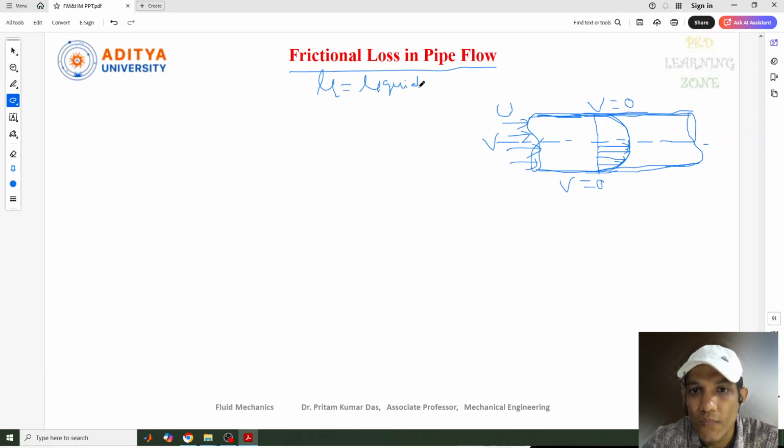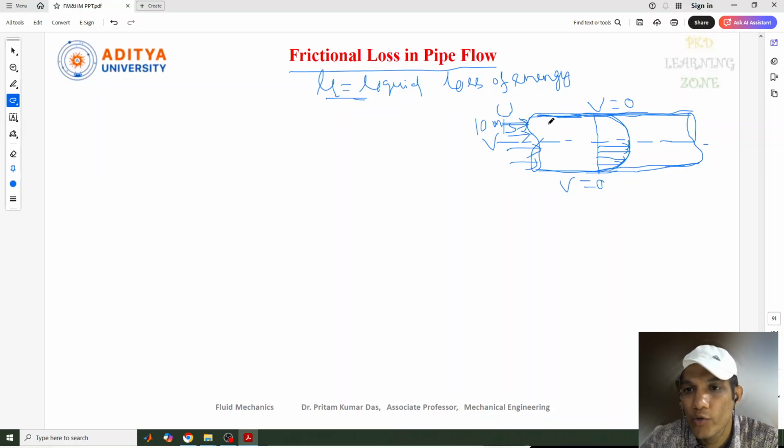And this viscous effect or viscous action causes the loss of energy. Why are we talking about loss of energy? Because suppose the velocity of the fluid is 10 meter per second when it is entering this pipe, but everywhere the same velocity is not there.